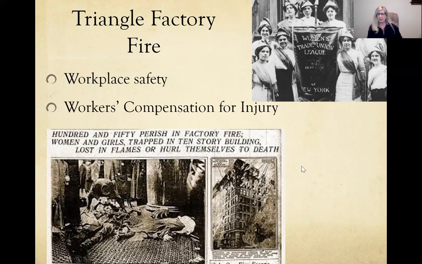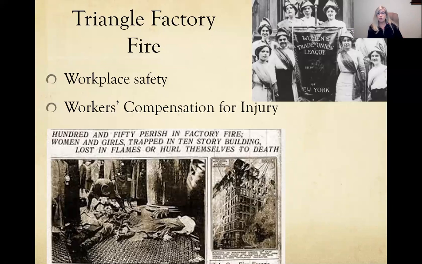And it was a shirtwaist factory. And a shirtwaist is kind of a 19th century term for a vest, a men's vest that they would wear in a suit. And these women were at sewing machines, just rows and rows and rows, hundreds of sewing machines in this one big gigantic factory room. And so they were sewing the cloth together to make these shirtwaists or these vests at the Triangle Factory.